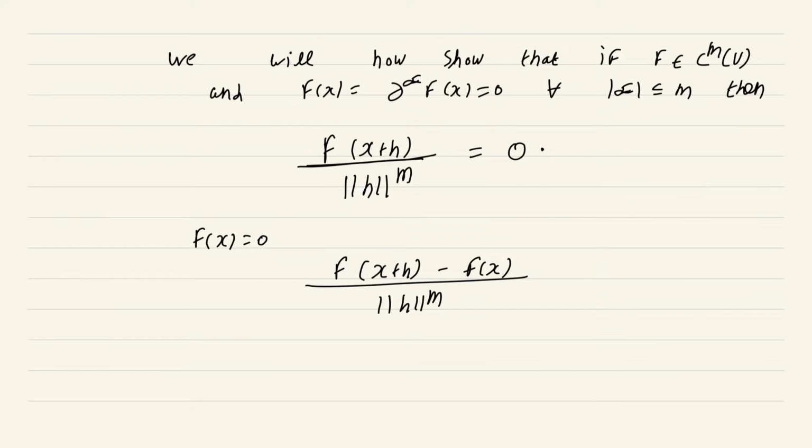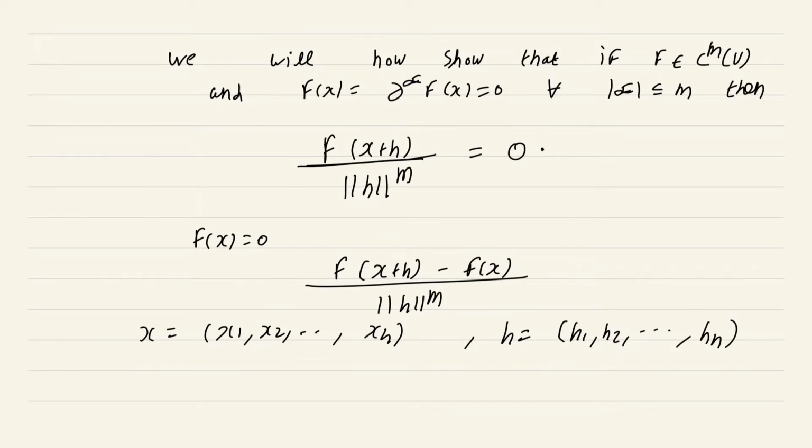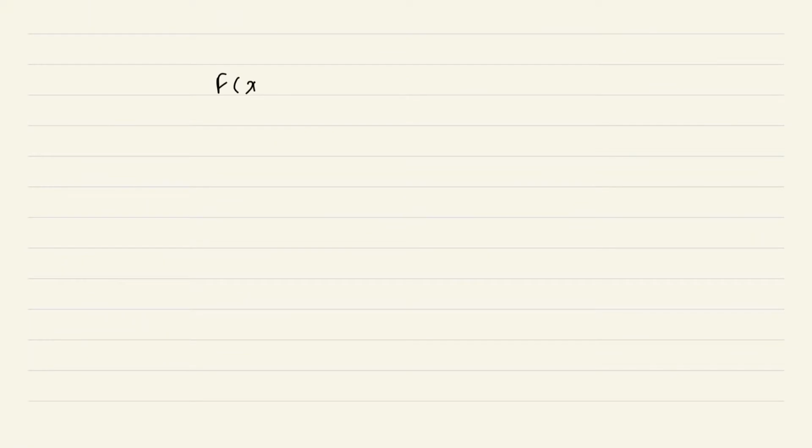Now what we are going to do is write x as x1, x2, dot dot dot xn and h as h1, h2, dot dot dot hn. The numerator is just then f of x1 plus h1, dot dot dot xn plus hn minus f of x1, dot dot dot xn. Now some time ago we established that a scalar valued function of a vector variable is differentiable if the partial derivatives exist and are continuous.